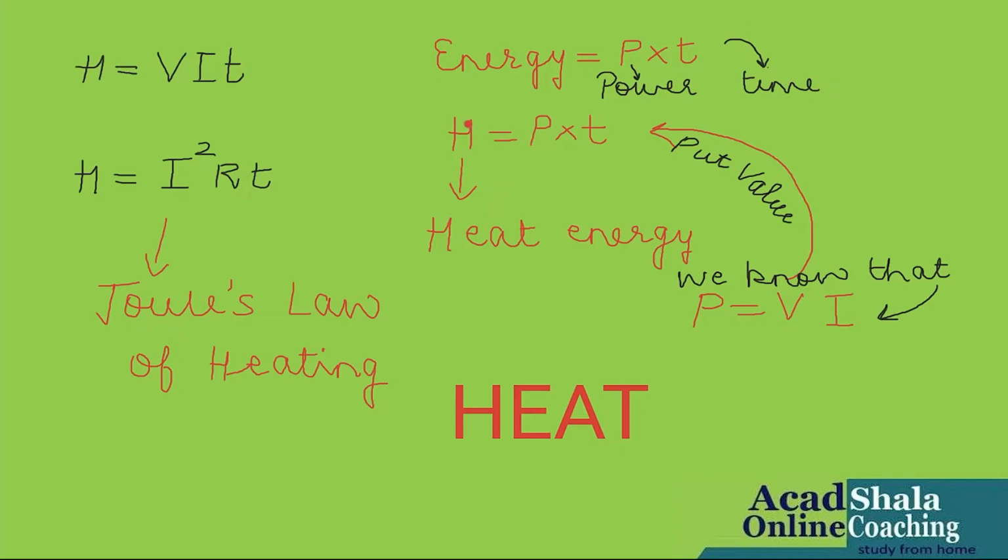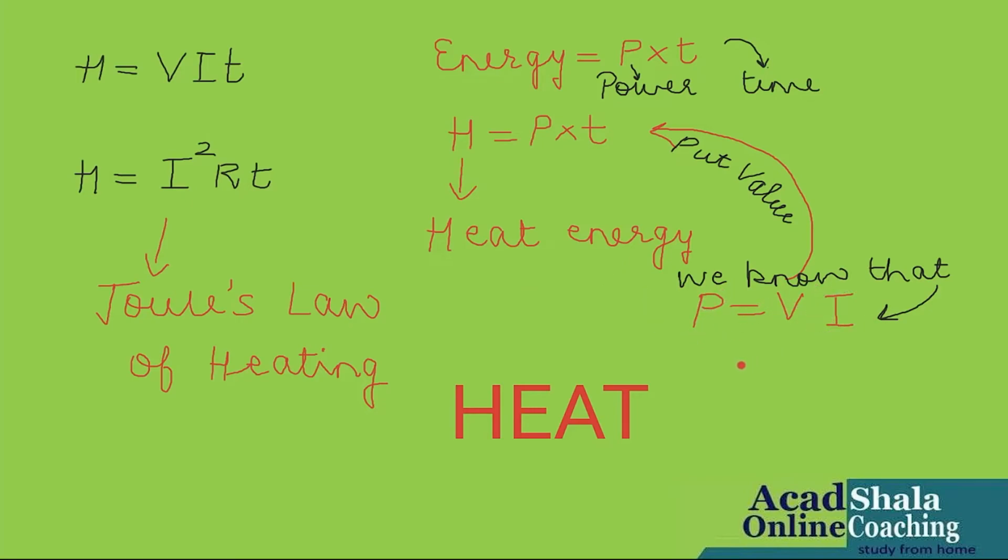Now we also know that this H, which is known as heat energy, is equal to P into T. We also know, which we have done just now, a few seconds back, P is equal to VI.